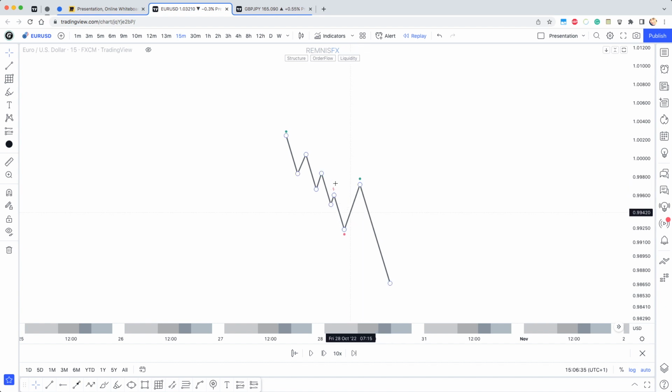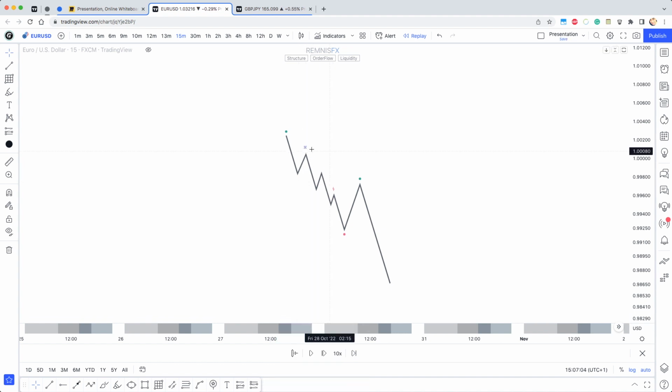And in this scenario, maybe you cannot call it a deep pullback because it's internal structure, and that's why we have to focus on the last liquidity point here, right? And this could be your engineered liquidity all the way up here, right? Okay, and that should also be a good example, I believe.